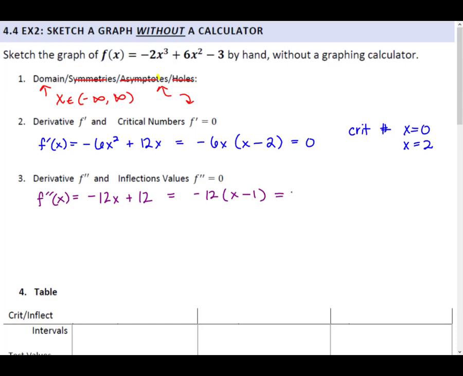Setting the second derivative equal to 0, we're going to get one inflection value, and that's at x equals positive 1. If I tried to set negative 12 equal to 0, negative 12 can't equal 0, so that does not give us an inflection value. So we have two critical numbers and one possible inflection value.